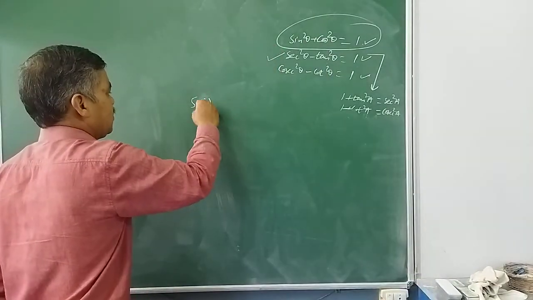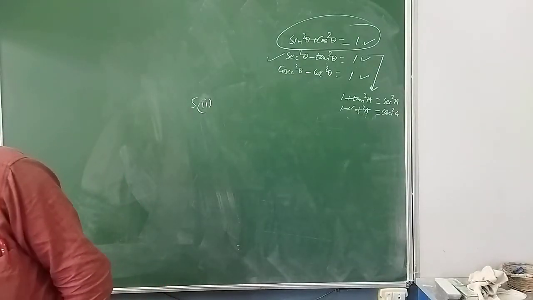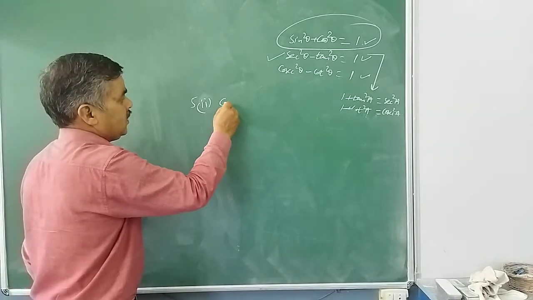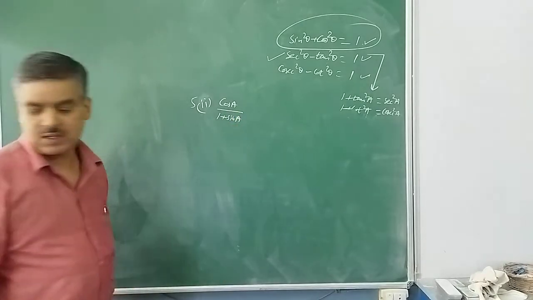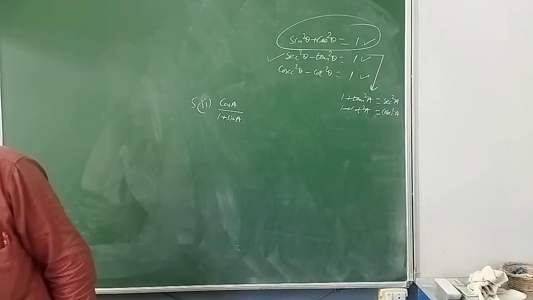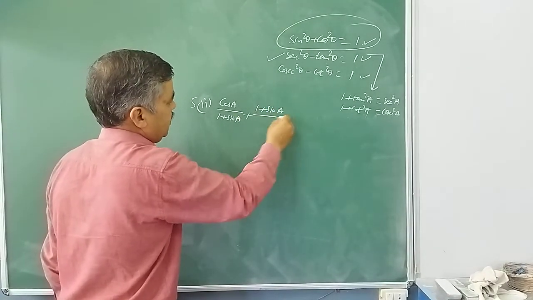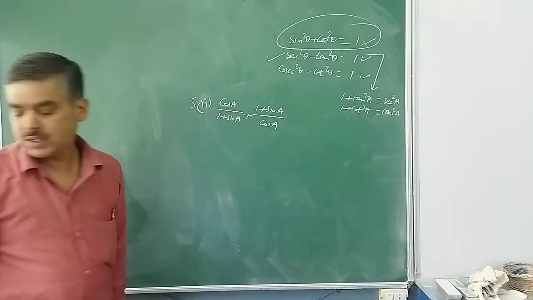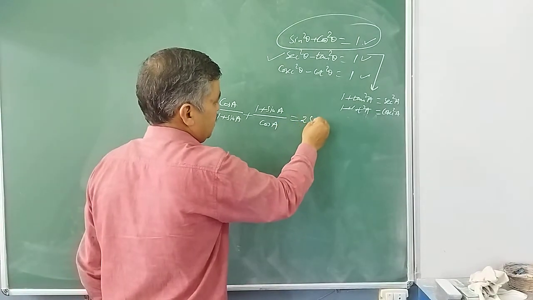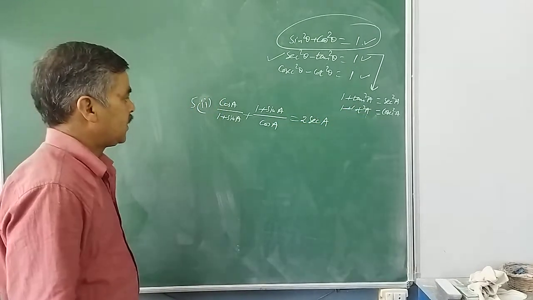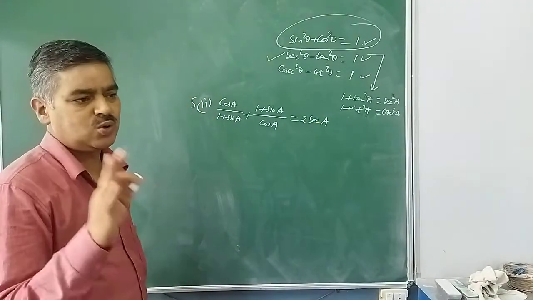Now the second part you can see here is cos A upon 1 plus sin A, plus 1 plus sin A upon cos A, is equal to 2 secant A. So again, 2 secant A means 2 upon cos A. You all are clear with that.